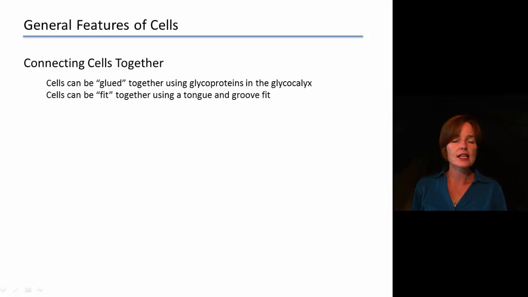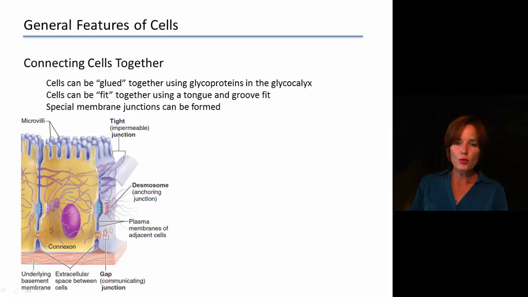We can also have cells that actually fit together as kind of a tongue and groove fit or a puzzle-like fit. And then another way is that we have special junctions between cells that help to hold them together. These fall into different categories, and this image right here is showing us some of the main junctions that we do find between human cells.